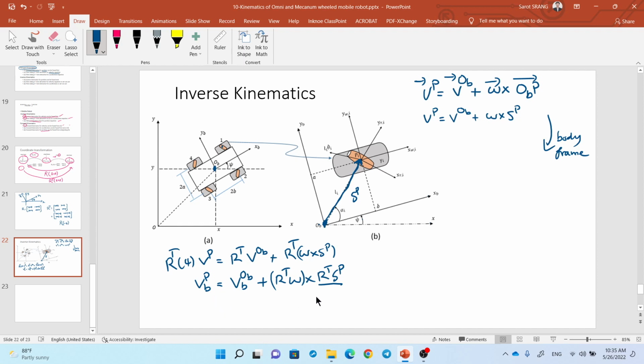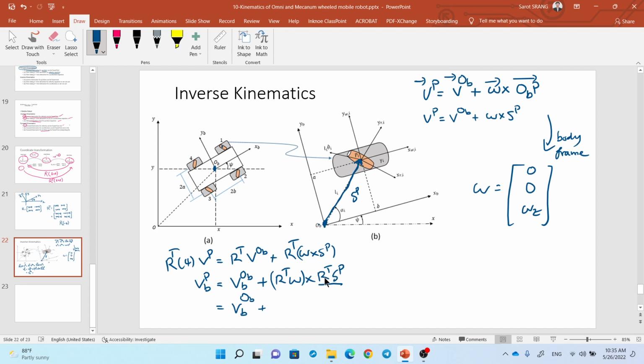So I can write this one like VBOB plus this one. Okay, what happened with omega? We have omega equal to 0, 0, omega z, rotation only on one axis, z.